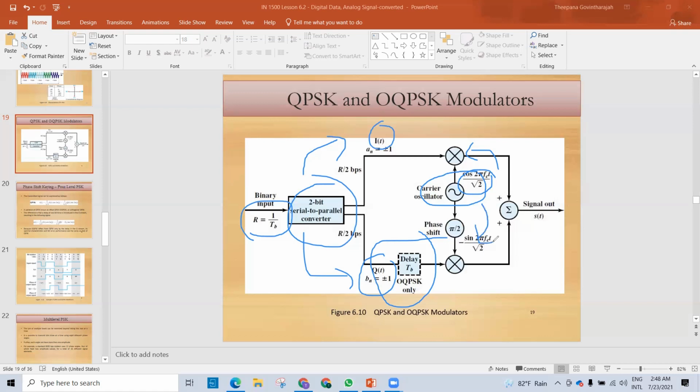And here, the opposite with the phase change is produced and transferred: minus sin 2 pi fct by root 2. Finally, these both signals will be output as the combination of ST.